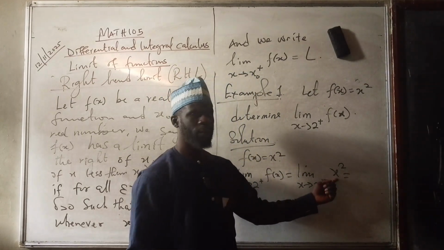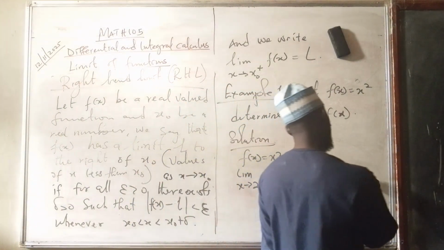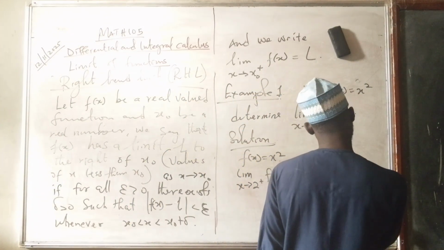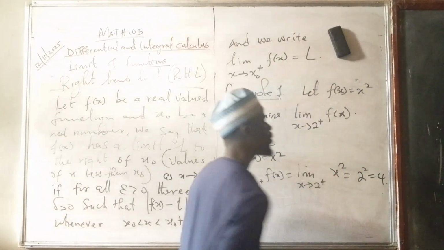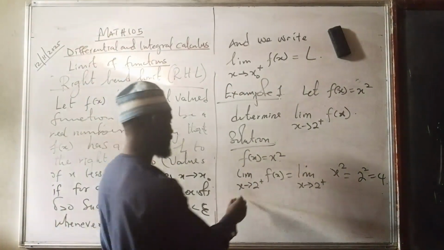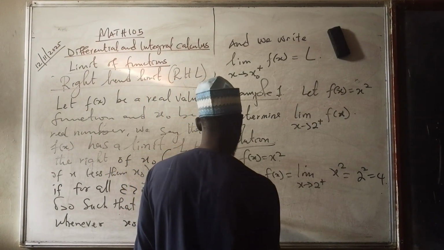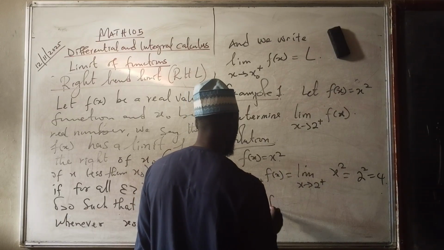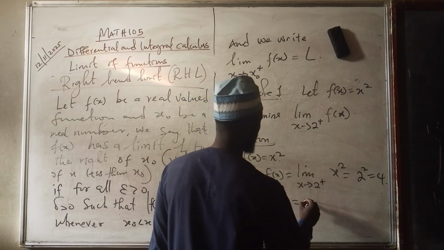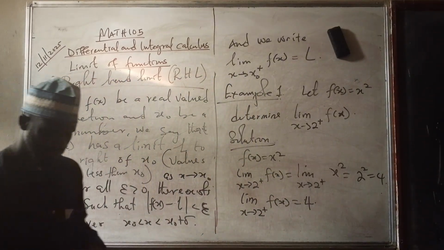This is a polynomial function, so we put x equal to 2. So you have 2 squared, and that is equal to 4. And so the limit as x tends to 2 from the right of f of x is equal to 4. So that is the limit.